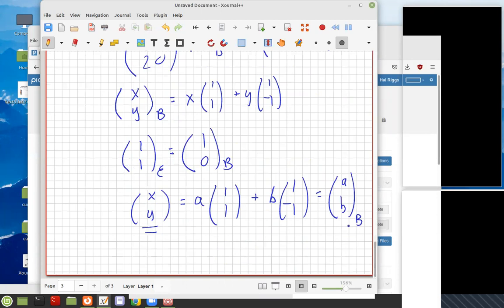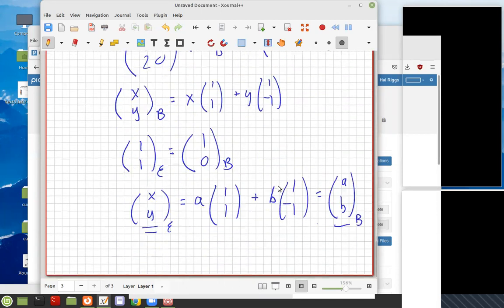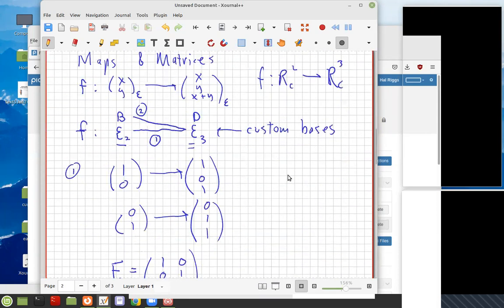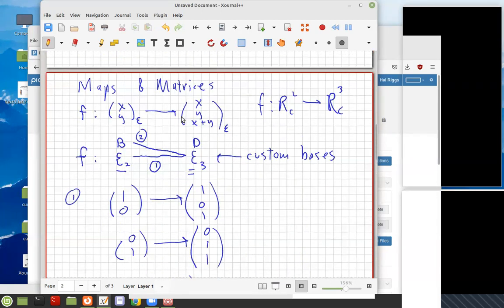We'd want to start from a vector here in the standard basis, first find what these A and B are, then use this formula here, and hopefully that would give me the same result as this definition here, and it will.